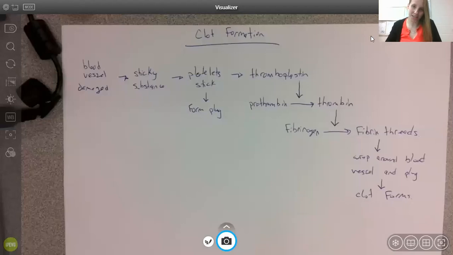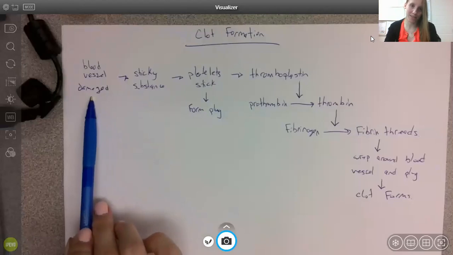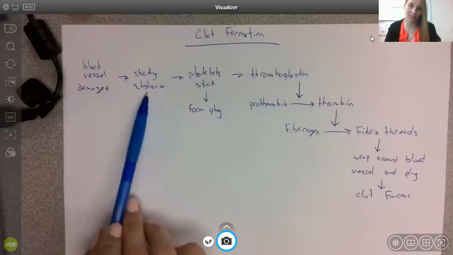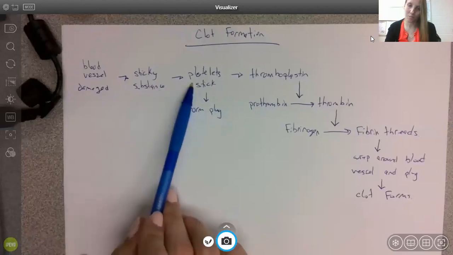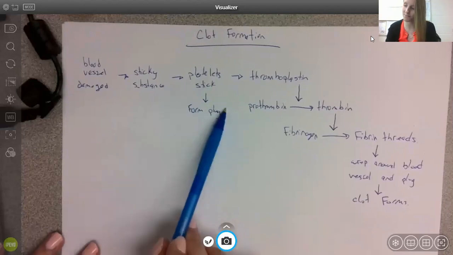Okay, so this is the first thing I want to go over, just to review that whole clot formation, the job of thrombocytes kind of thing. So the first thing that happens is your blood vessel is damaged. It is going to release a sticky substance. The platelets, also called thrombocytes, are going to stick to that sticky substance and form a plug.